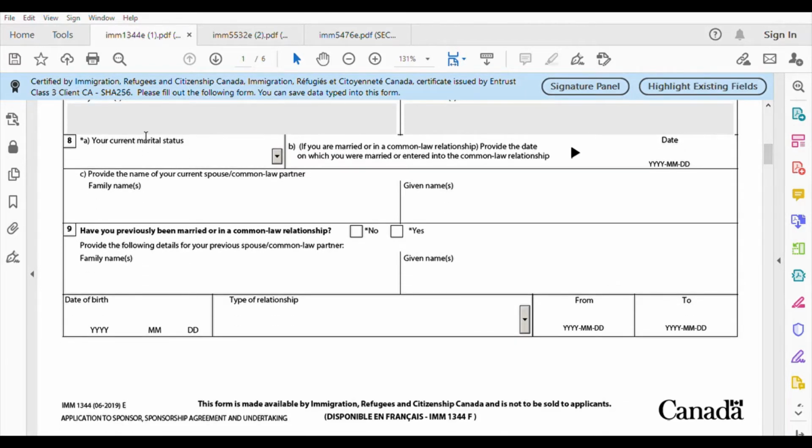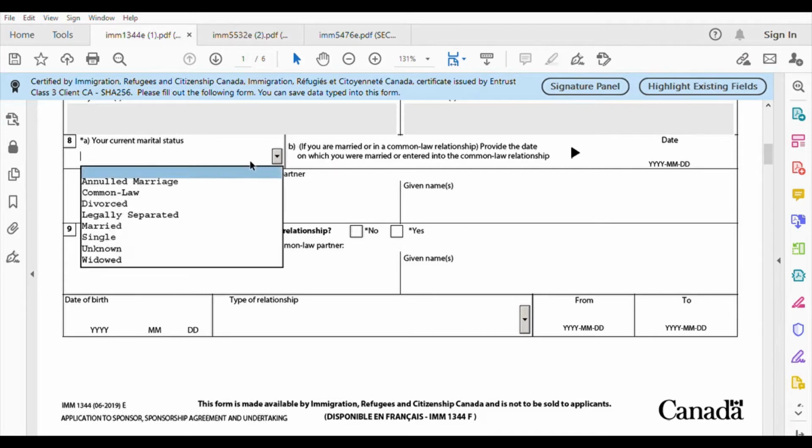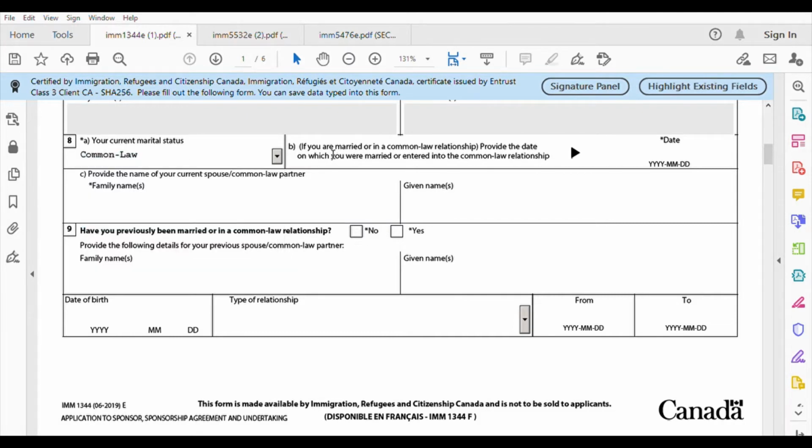Your current marital status: you choose your marital status. We are talking about common law. If you are married or in a common law relationship, provide the date on which you were married or entered into the common law relationship.